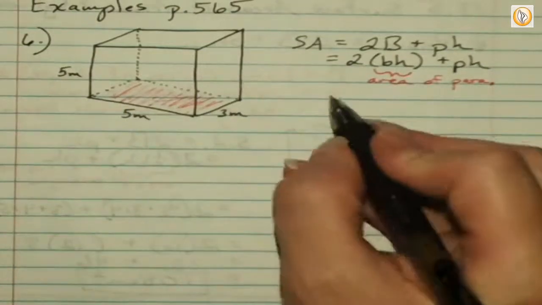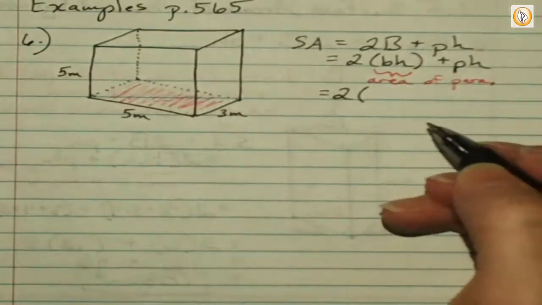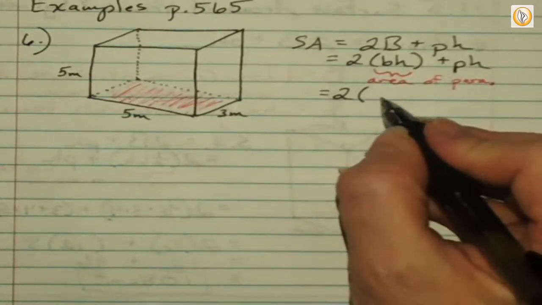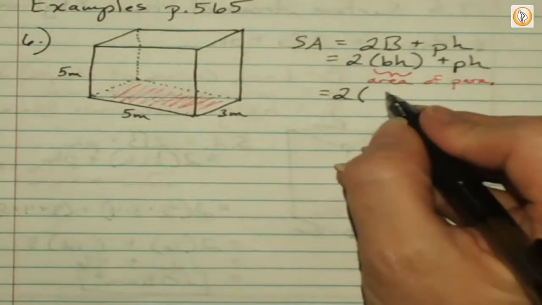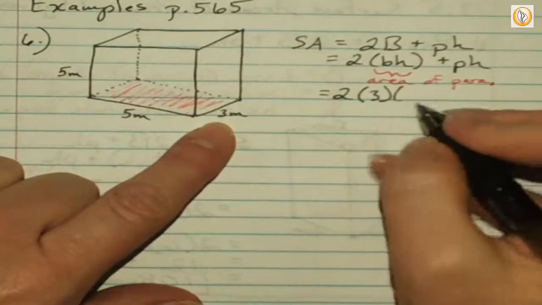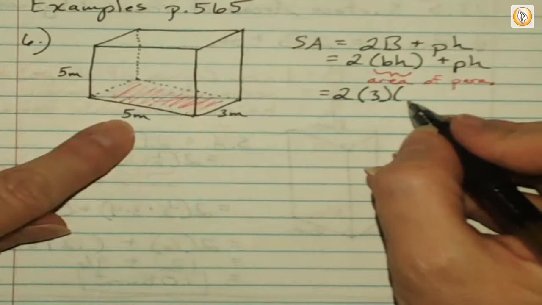Okay? All right. So we have 2 times, Emily, what's my base? Okay. We can say 3. And then the height would be this 5 or this 5?